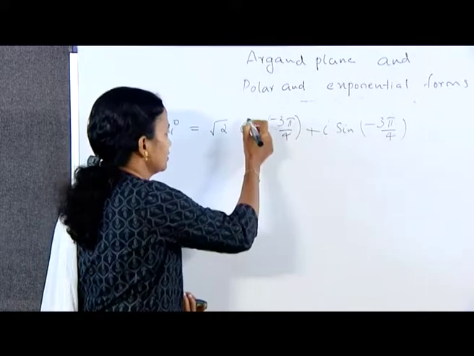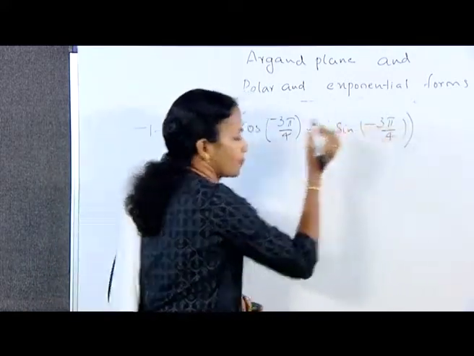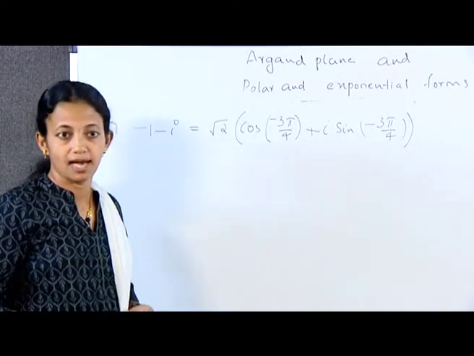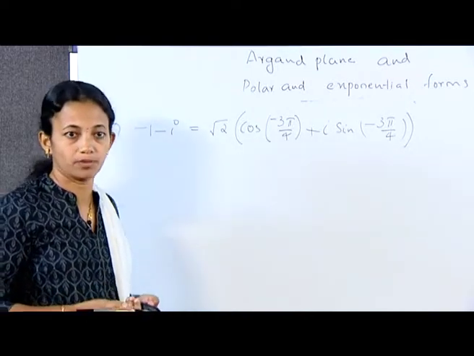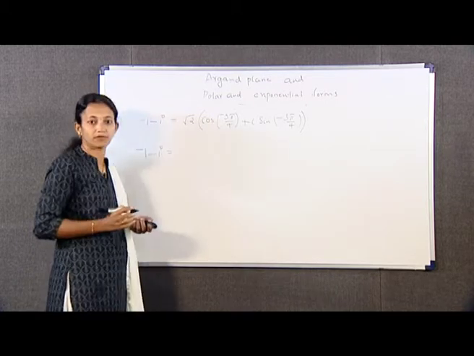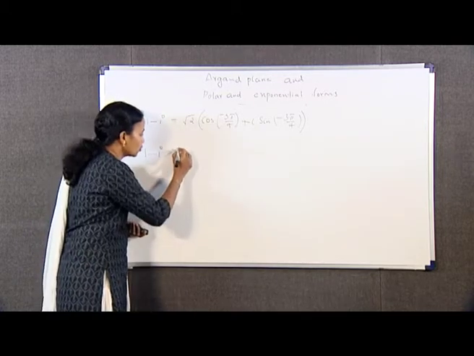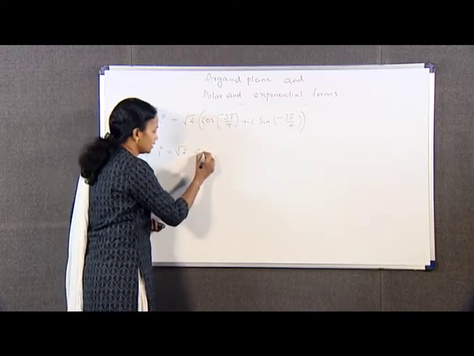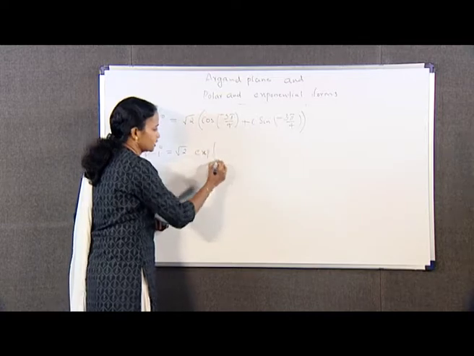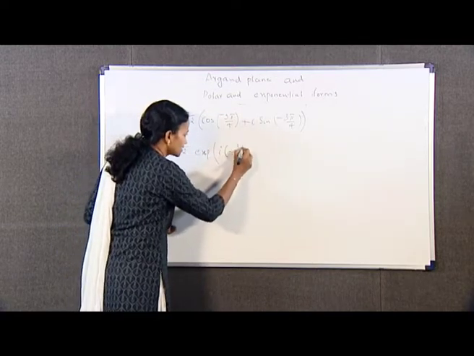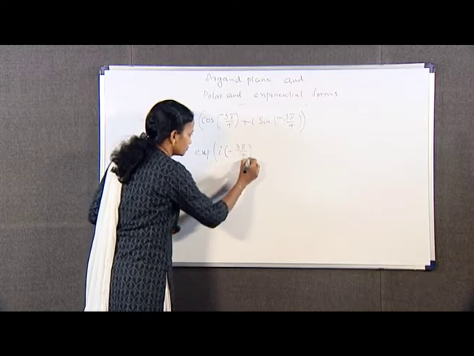Hence, the number minus 1 minus i has the exponential form square root of 2 into exponential i minus 3 pi by 4.